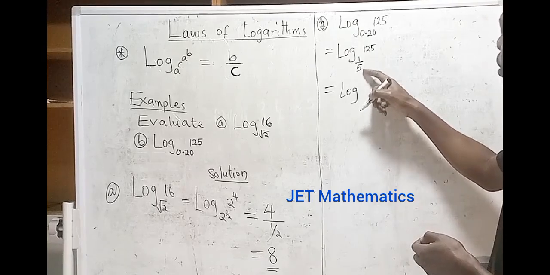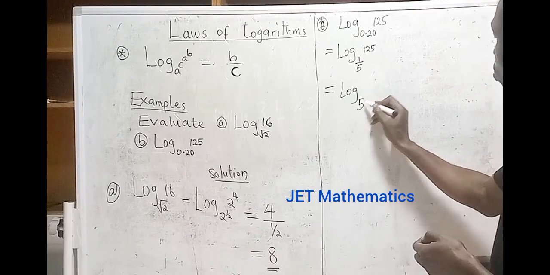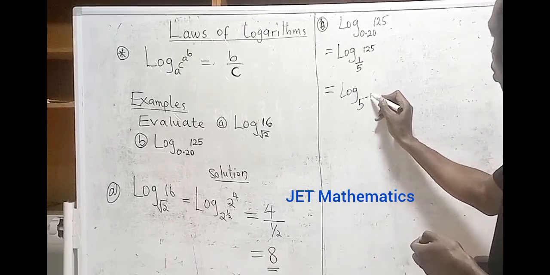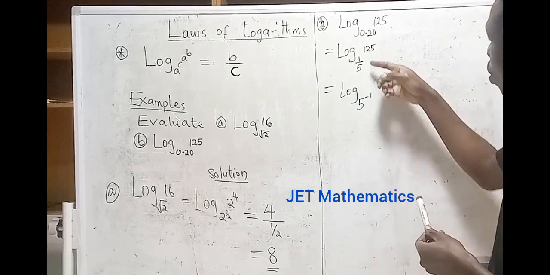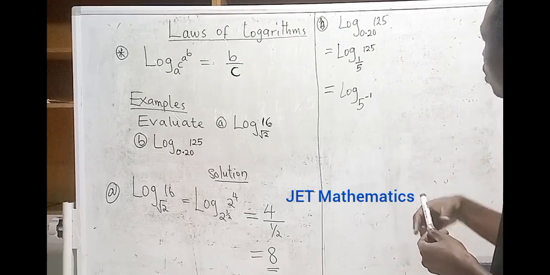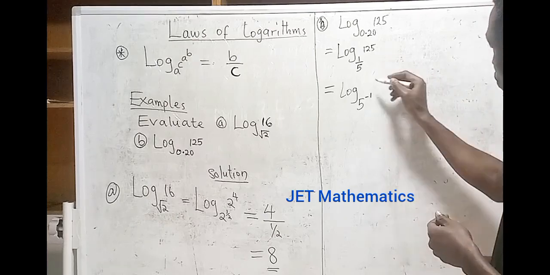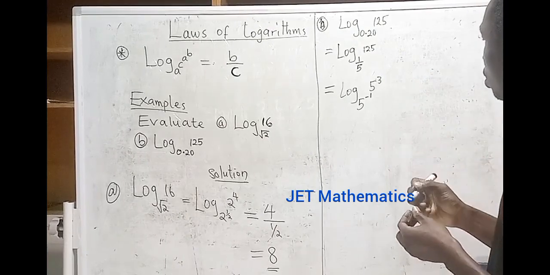I can write this in index form. If we write this in index form, it's 5 raised to the power of minus 1. You agree with me? From our laws of indices, you can write this as this, and 125 can be written as 5 raised to the power of 3.